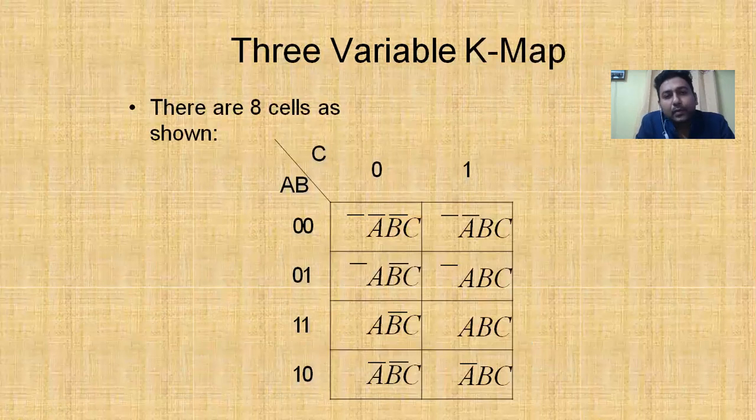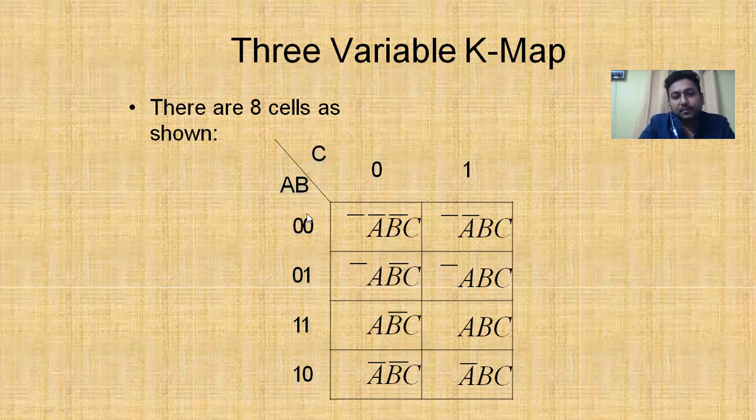Now we are going to the three variable Karnaugh map. Three variables means 2 to the power n will be the number of cells. That means 2 to the power 3, that is 8 cells. Here 8 cells, 1 2 3 4 5 6 7 8. Here we are mapping in this format, where AB is the lower portion and C is the upper portion.